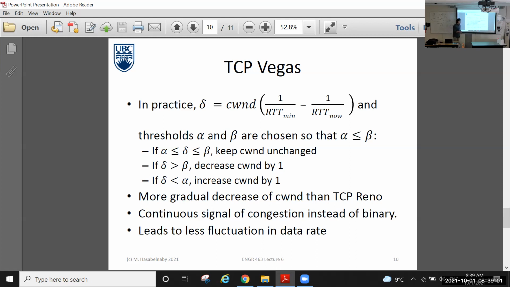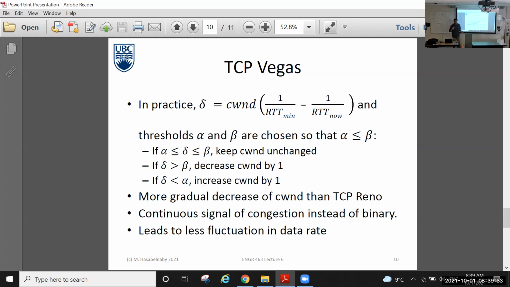So as you can see, in order to maintain our data rate close to a certain data rate, we can adjust the congestion window size based on the parameters given in the network design. TCP Vegas tries to make the network have fewer fluctuations in data rate.